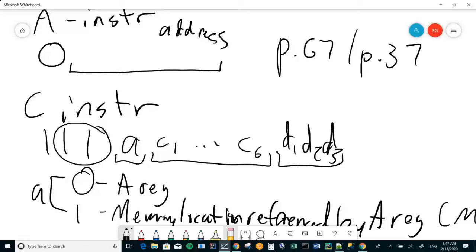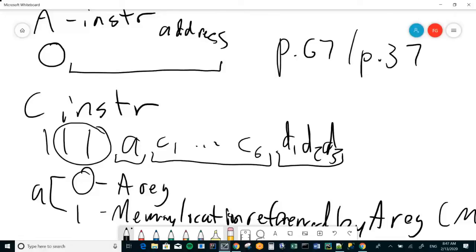A stands for address, C stands for computation or calculation, D stands for destination. When we're thinking about a destination, that's where we're thinking about what's going to change. There are 3 destination bits, each of which with a 1 indicates this destination changes, and with a 0 indicates this destination does not change.